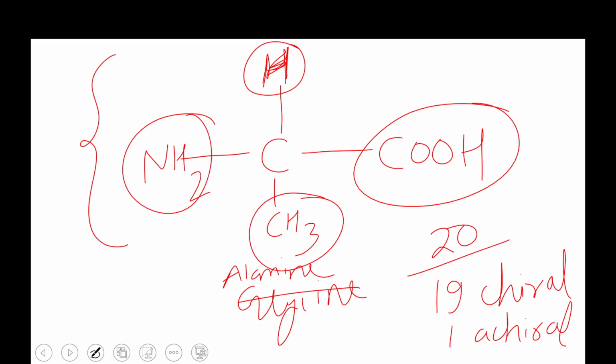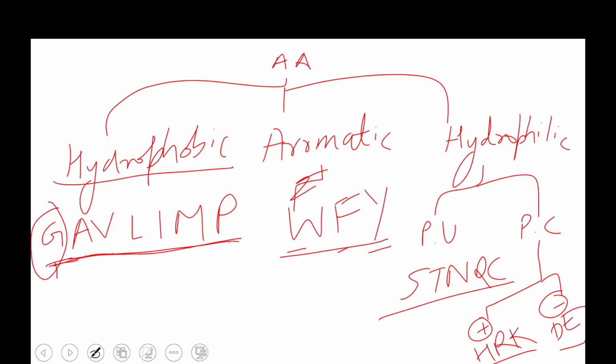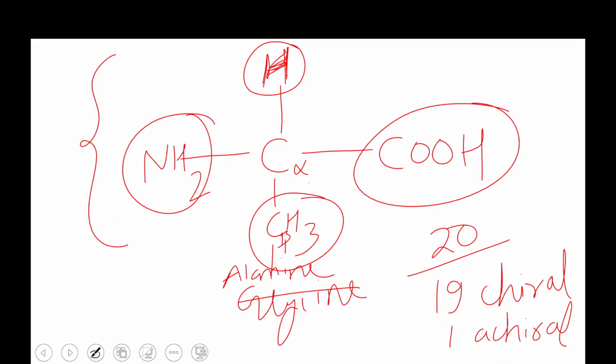This is the C alpha carbon. After that, whatever chain comes has different nomenclature: this carbon is alpha, this is beta, and further carbons are gamma, delta, epsilon. So we have glycine, alanine, then GAV, valine.